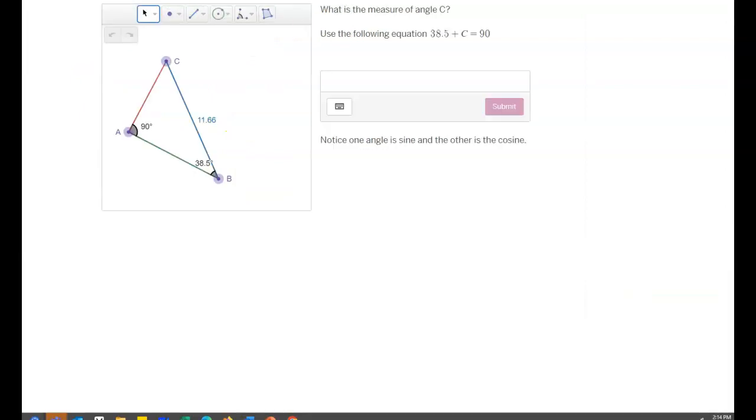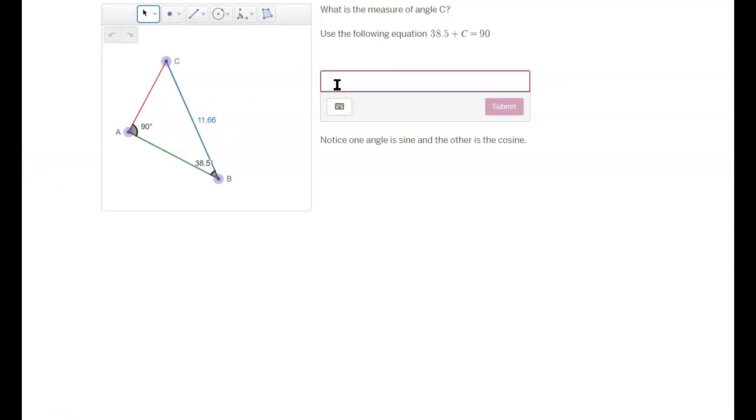Now, you probably already thought this in your head, but just in case you didn't, I did notice that sine and cosine will add up to 90 because the other measurement is always 90 degrees in a right triangle. So if that's the case, all I have to do is say 90 minus my other angle, which is 38.5.